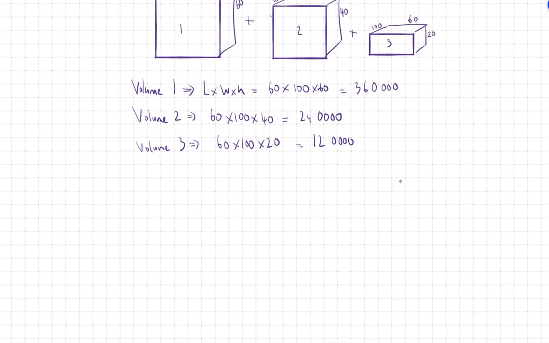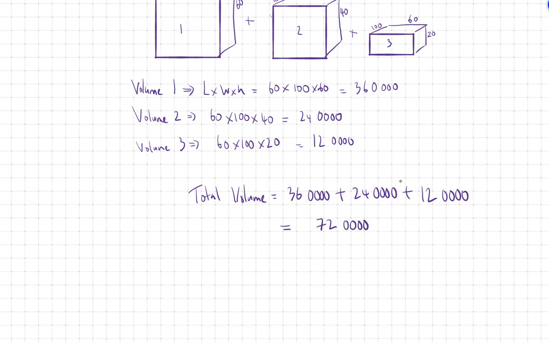Therefore, the total volume is going to be 360,000 plus 240,000 plus 120,000. So this will give us 720,000 centimeters cubed. So you should get an answer like this.